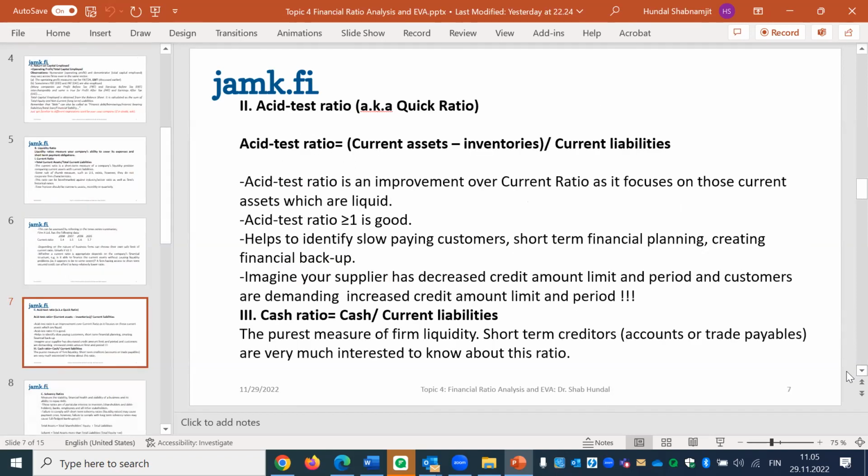Then we also have the second ratio, called the acid test ratio, or quick ratio. There is a problem with the current assets. By definition, current assets are those assets which can be converted to cash or cash equivalents without wasting too much time and too many resources. I can give you an example.